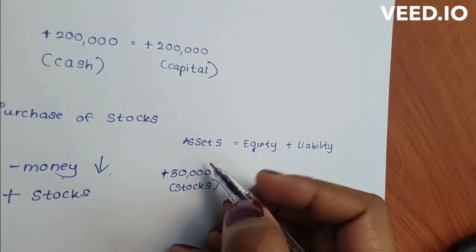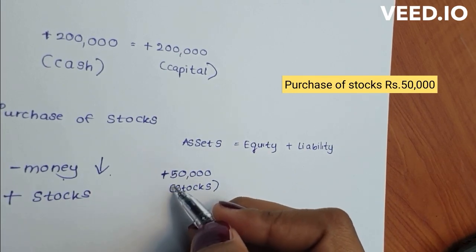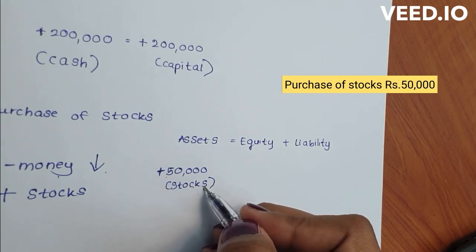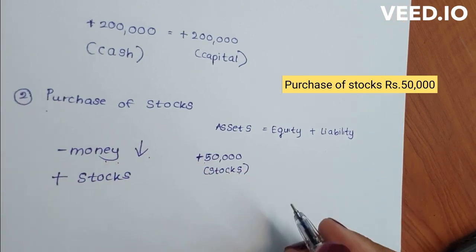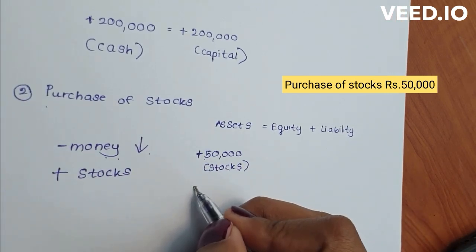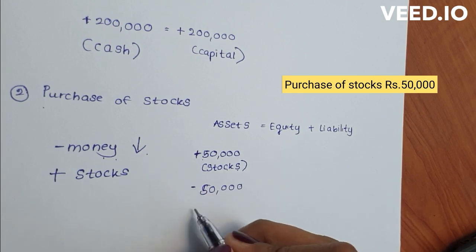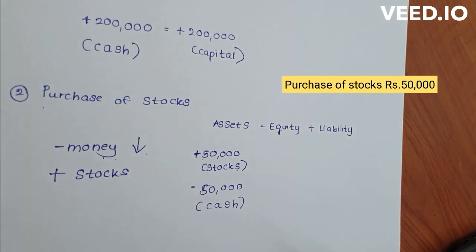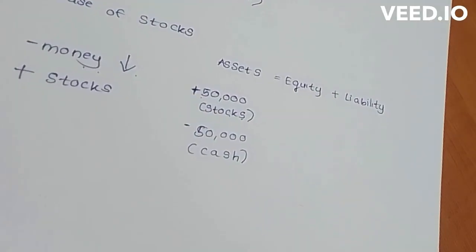So under assets, first we record what is getting increased, that means the stock here, plus 50,000 within brackets stocks, and also cash is getting reduced. We write the amount first and then within brackets cash. Okay, go to the other one.